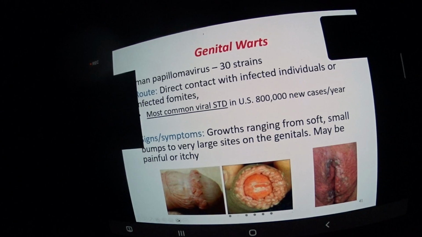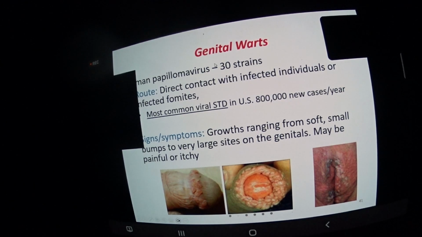Genital warts, again, are caused by human papillomavirus. There are 30 strains of it, but a few of them have the genital tract, the vaginal tract and all of that as their host. So they like those cells and their receptors. These are totally different strains than the skin warts that we talked about when we talked about skin, so totally different HPVs.